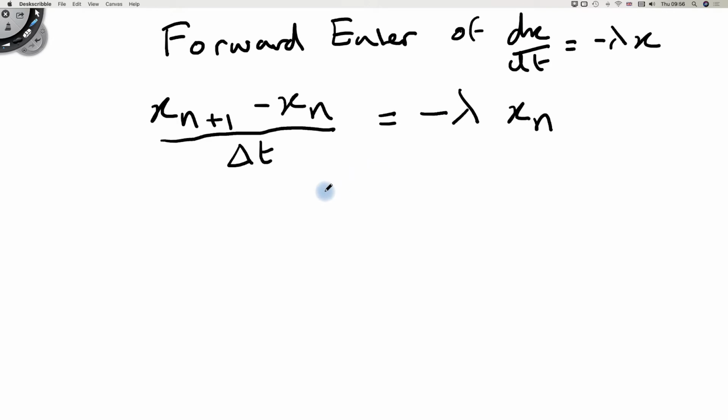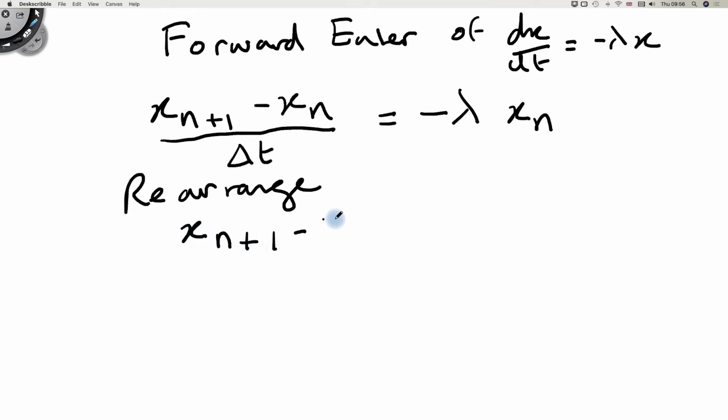So we can quickly rearrange this. Let's do it in one more step than in the lecture notes, but we do xn plus 1 minus xn, so multiplying through by delta t is minus lambda delta t times xn. For our purposes, we just consider delta t and lambda fixed for this algebraic manipulation.